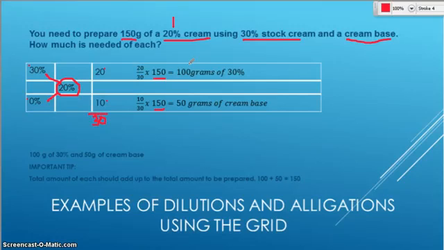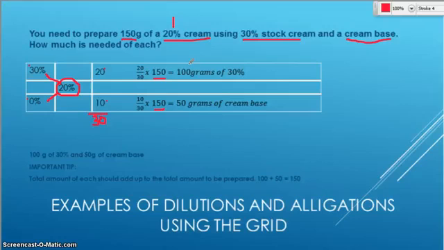If not, you got 99.999, which will round to 100. And then we'll do the same thing with the bottom one. 10 divided by 30, hit your equals button, times 150 equals, in this case, 50 grams of the base.